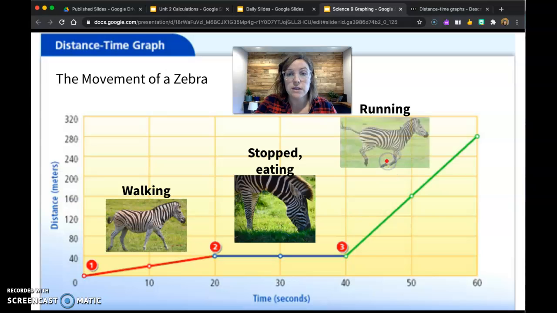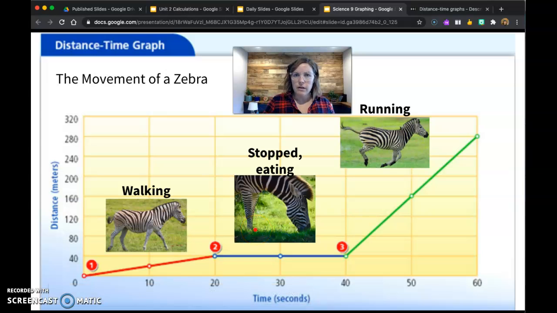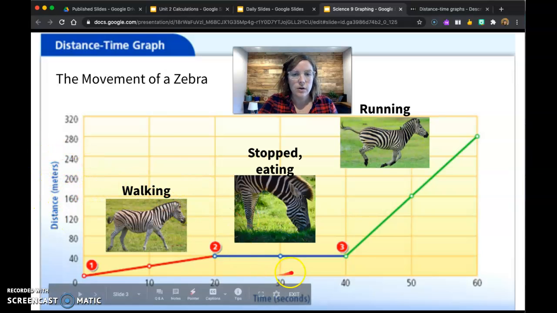So that must mean the zebra was running because his speed was increasing compared to this time, right? This line is way steeper than this line. So if you remember, our speed is calculated by distance over time.